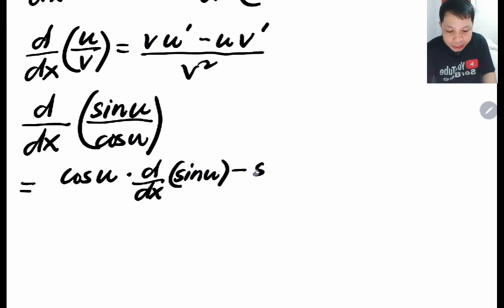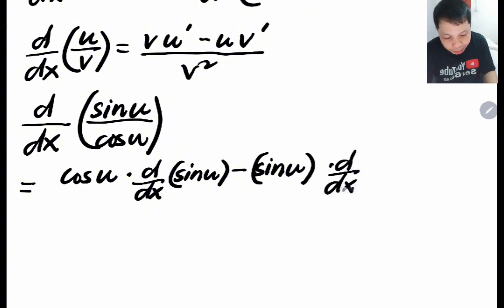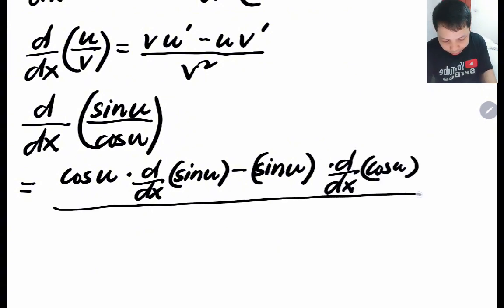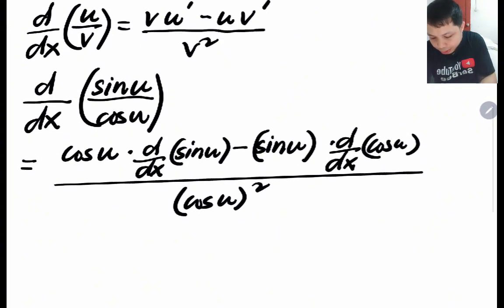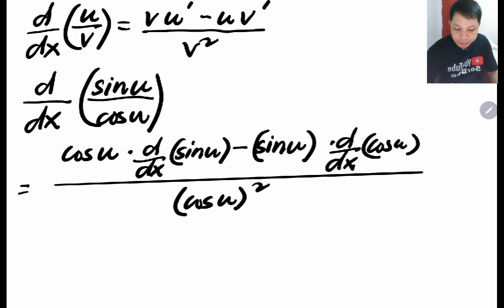Minus sine, numerator, times derivative naman ng cosine. Okay? Then, all over the denominator. So, ang denominator natin ay cosine of u square. Okay? So, ayusin natin ito. Simplify na tayo.